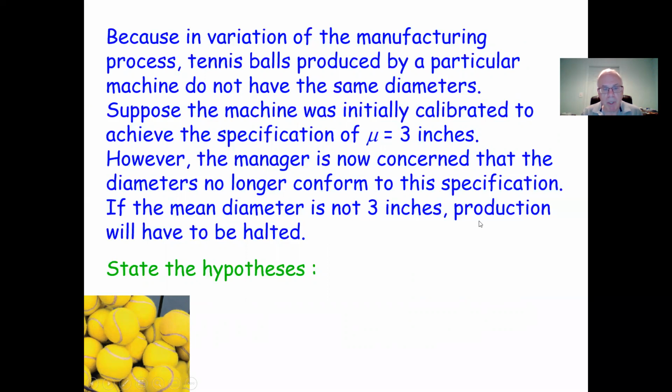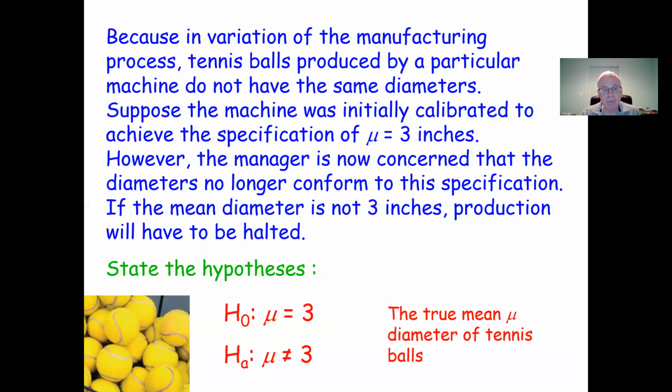And then in the alternative hypothesis, it says is not 3, because if it's not 3, production will have to be halted. So in this particular case, it's a bad thing if it's less than 3 or greater than 3. Both cases are considered to be bad, so we have to state it as a not equal case. So the null again, mu is equal to 3.